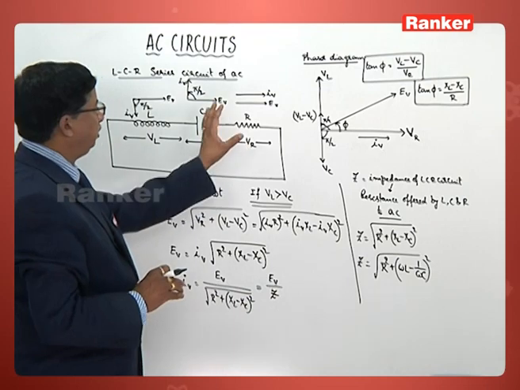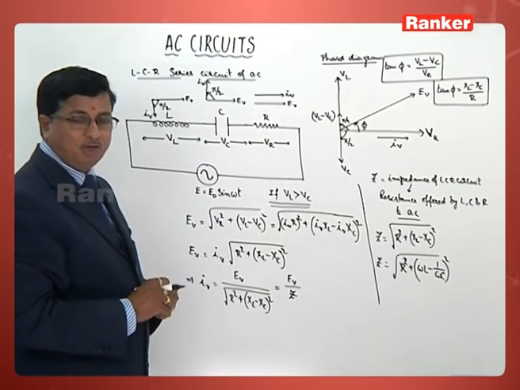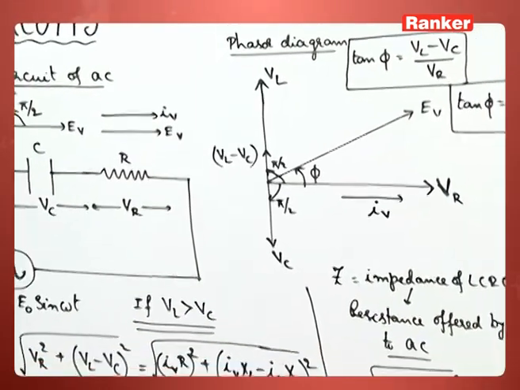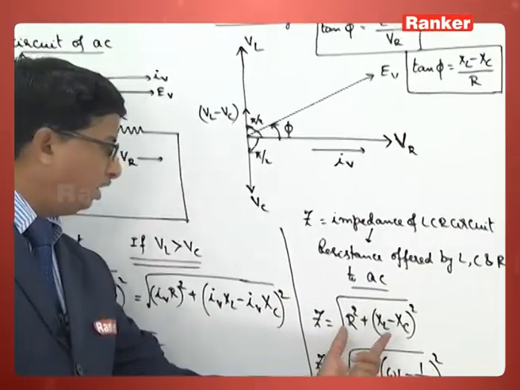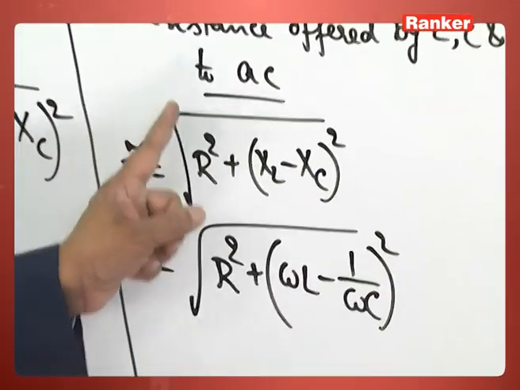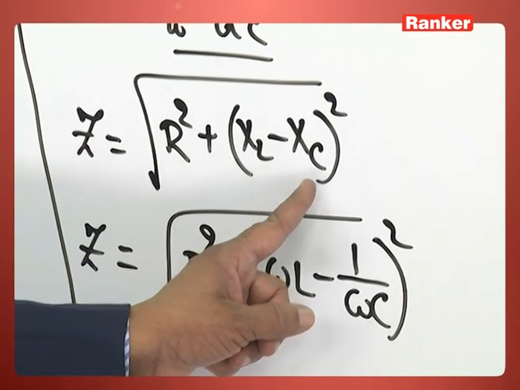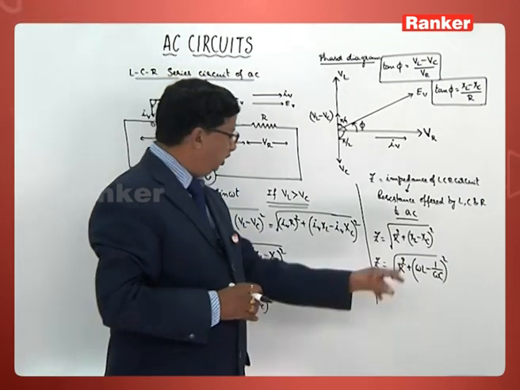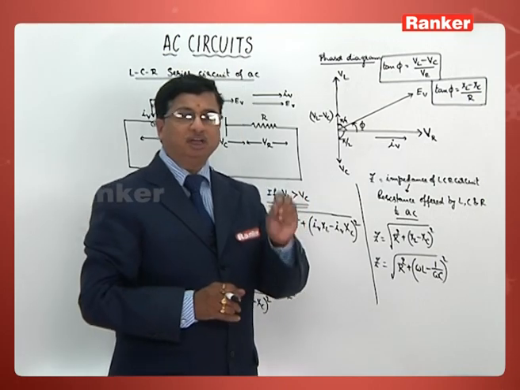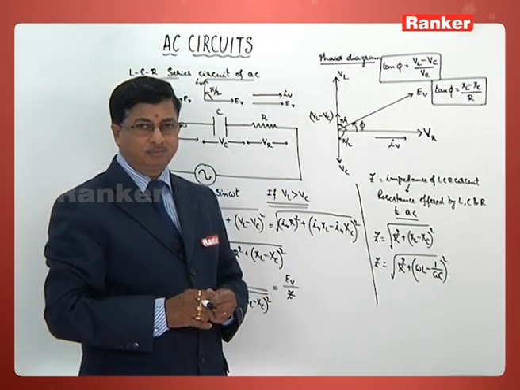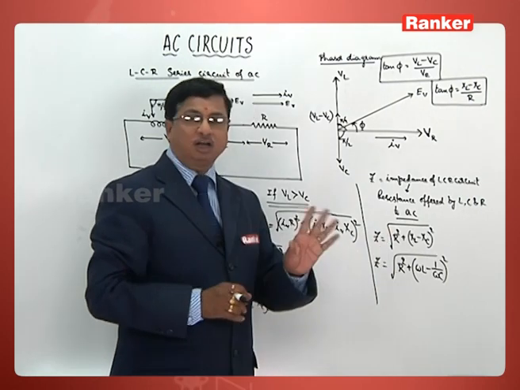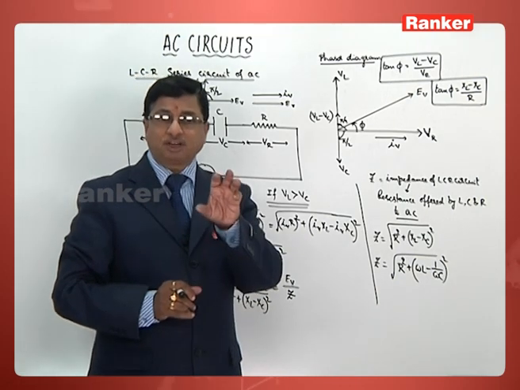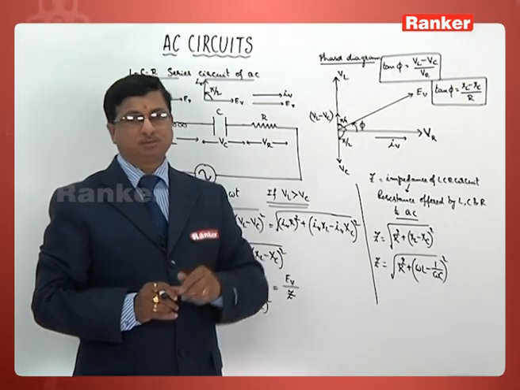But the most important concept of this circuit is, what is the condition for resonance? If you just look at this equation, root R square plus XL minus XC whole square we have. By any chance, if XL and XC are numerically equal, then automatically Z becomes R. That means one can understand that particular circuit is a resistive circuit.